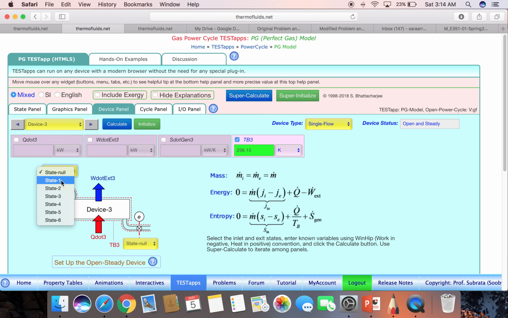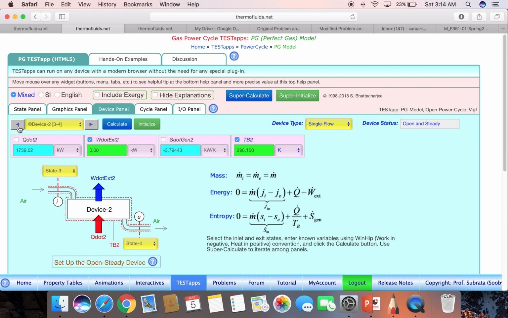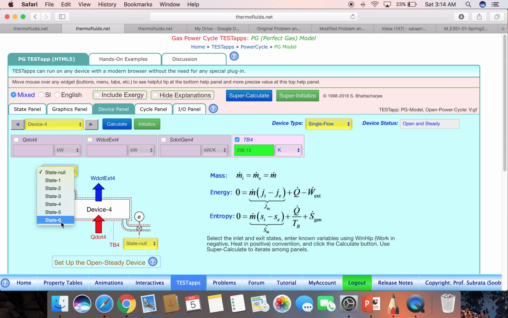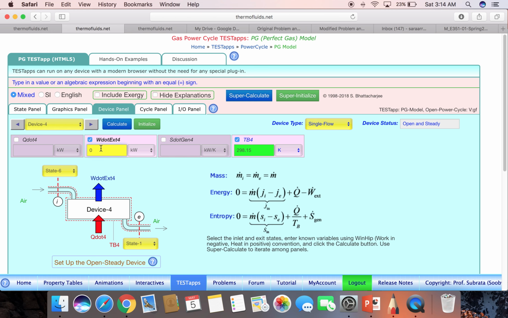And now we're dealing with state 4 to state 6. That is our turbine, and so we know heat is 0. We have our last device, which is our last heat exchanger, from state 6 to state 1, and we know work is 0. We calculate that, and we're all done again.